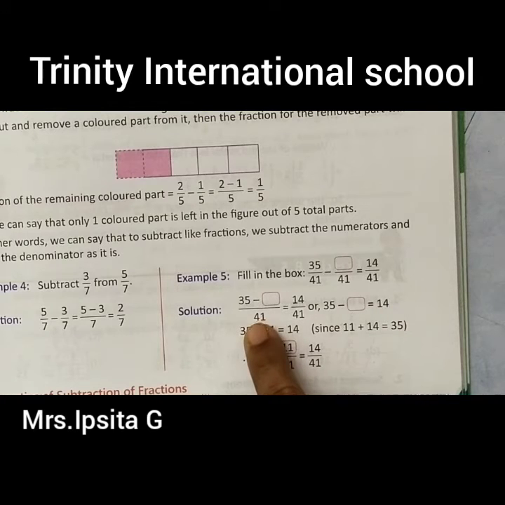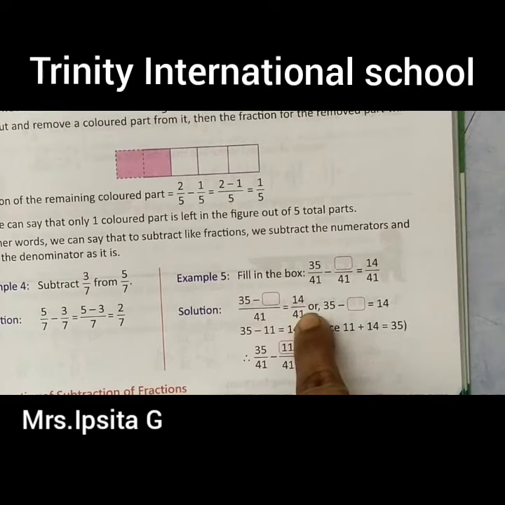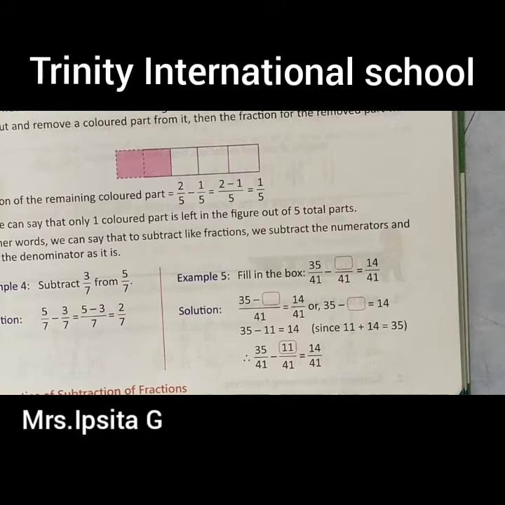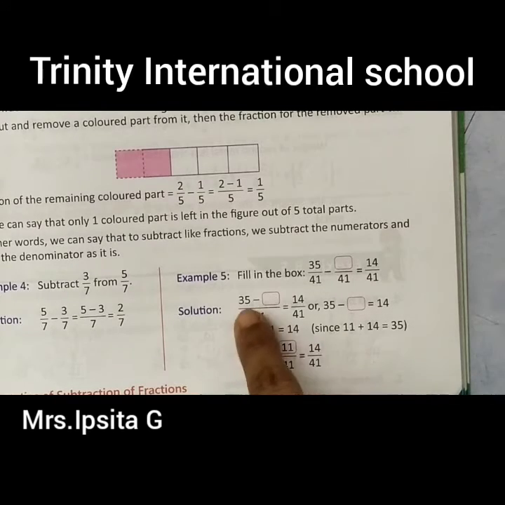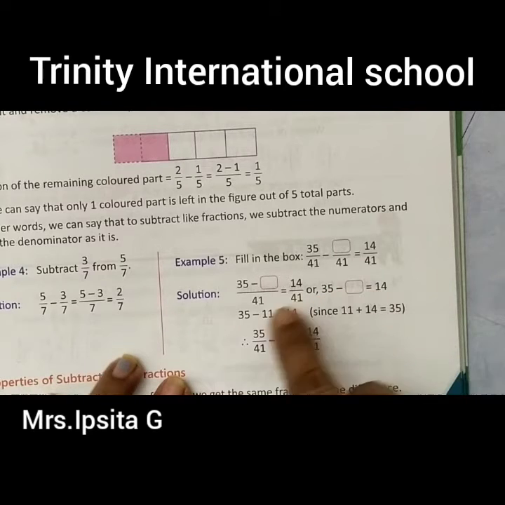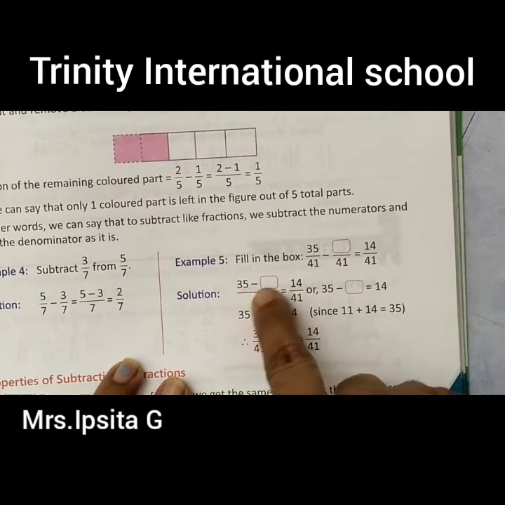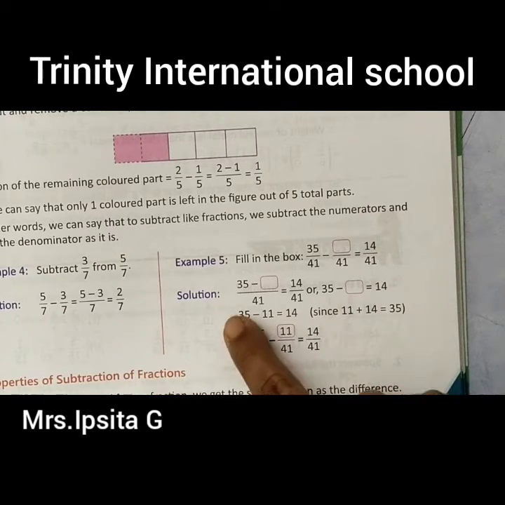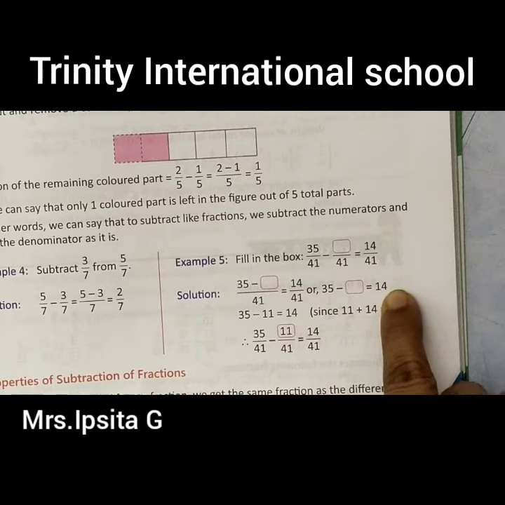Okay, and since you know denominator जो है वो सेम है ना, इसीलिए हम इस डिनोमिनेटर पर ज़्यादा ध्यान नहीं देंगे, हम यहाँ पर जो न्यूमरेटर है इस पे ध्यान देंगे। इसमें क्या होता है, देखिए डिनोमिनेटर तो हमें पता है 41 आने ही वाला है, बट व्हाट अबाउट दिस न्यूमरेटर? सो व्हाट वी हैव टेकन इज ओनली द न्यूमरेटर। यहाँ पे देखिए ये जो न्यूमरेटर का प्लेस है उसी प्लेस को हमने यहाँ पर लिखा है। Okay, so as we have written 35 minus box is equal to 14.